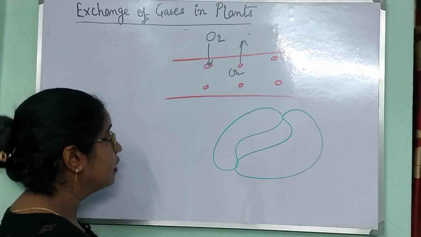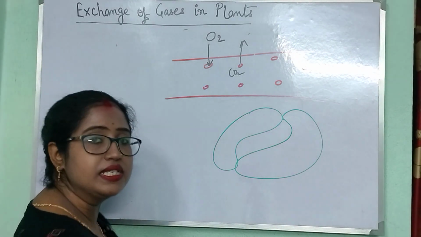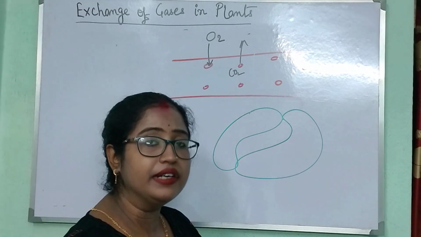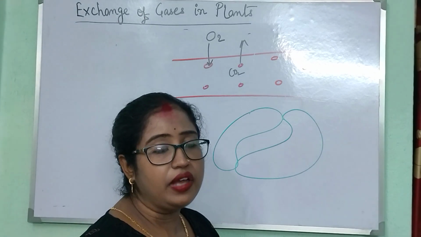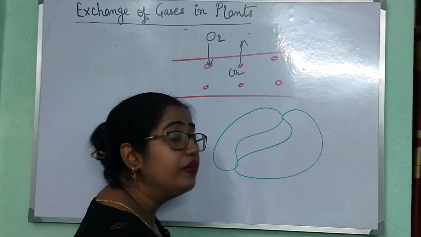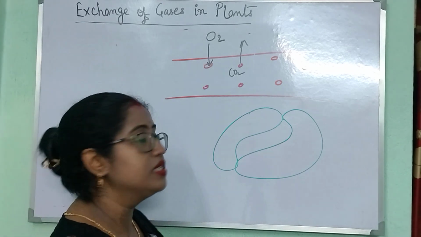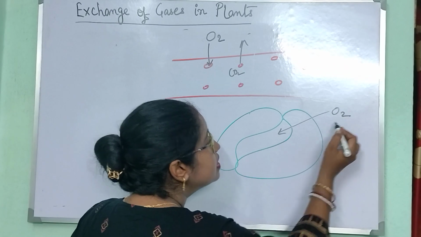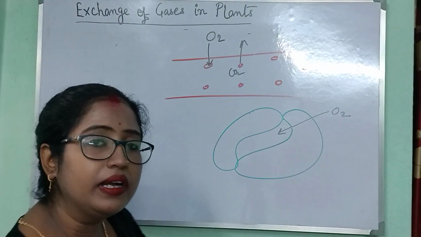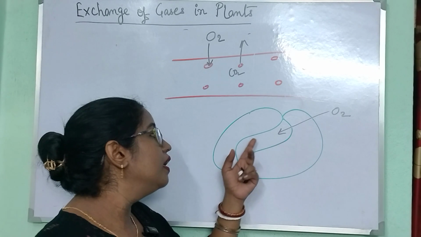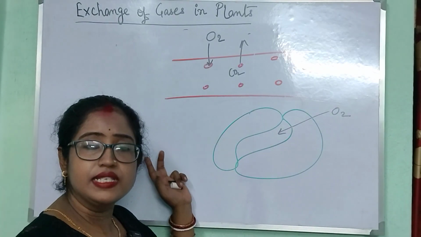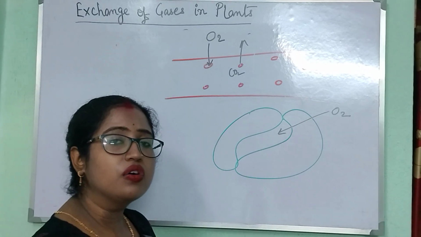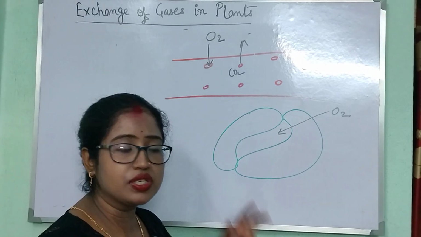So when the gradient of oxygen is higher in atmosphere, or when the plant needs oxygen, the oxygen simply diffuses in through the stomatal opening, and the other cells that are present surrounding the stomata carried the oxygen to the other innermost cells.